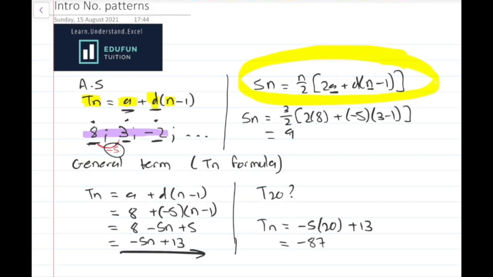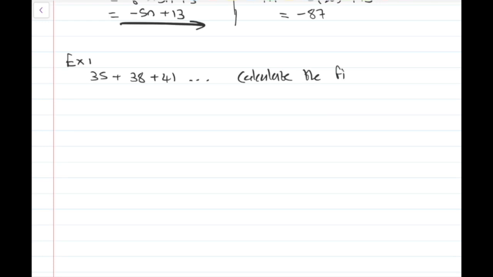Just one more example to this would be, let's say we had the following sequence: 35 plus 38 plus 41 and so onwards, and we wanted to calculate, we'll call this example 1, the sum of the first 12 terms. So all you do is you're going to use the same formula.